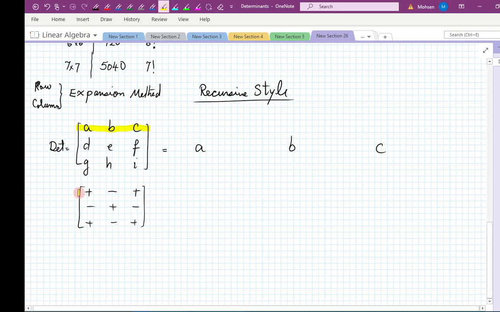I go and look at the same row of the table of signs, this checkerboard sign. Whatever row I pick there, I pick the same row here and put the sign that I see next to elements of the row I saw.